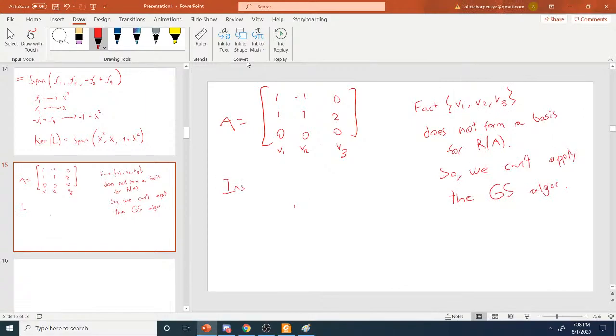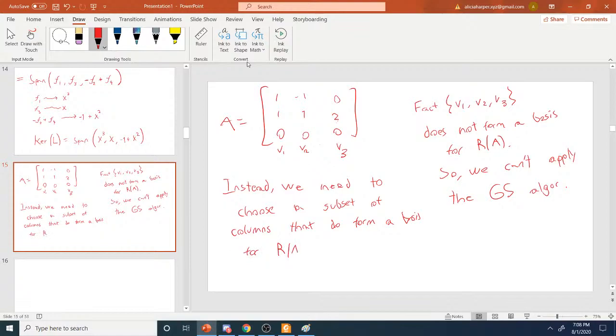Instead, we need to choose a subset of columns that do form a basis for the column space of A, and apply Gram-Schmidt to this subset.